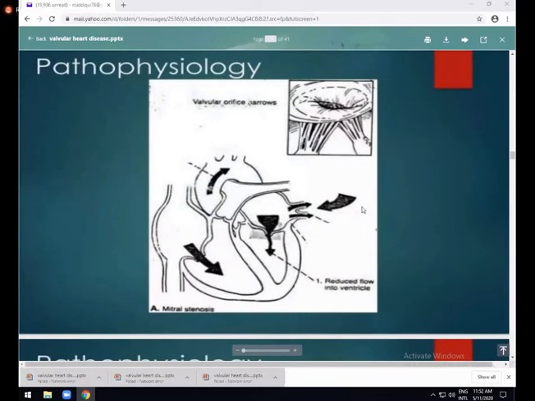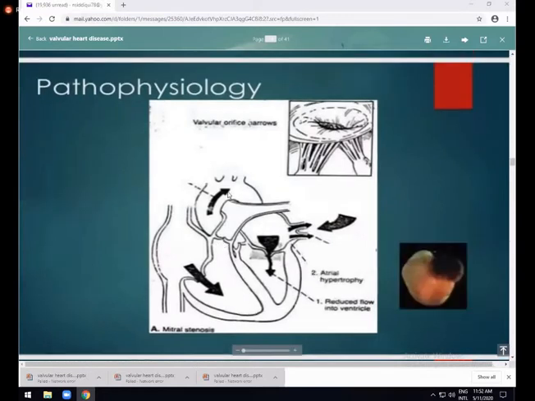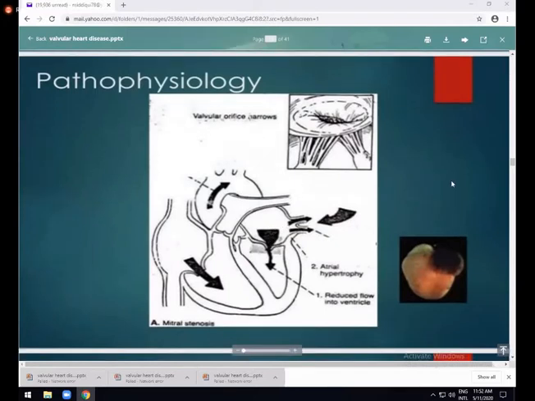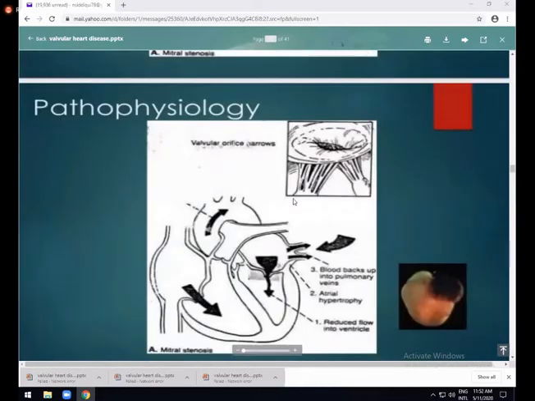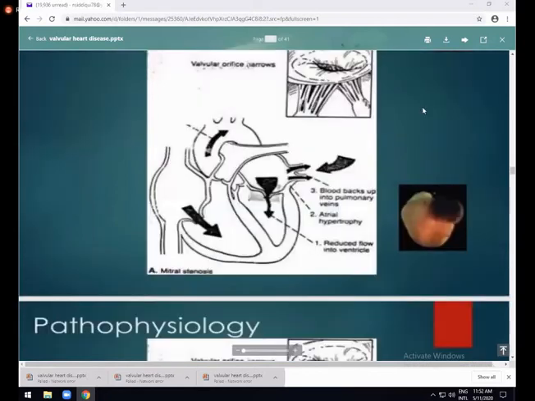Further, as the stenosis or narrowing increases, the upper chamber, the left atrium, becomes enlarged, and there is reduced flow into the left ventricle. And further, there is blood back up into the pulmonary veins. Behind the left atrium are the pulmonary veins, so the blood starts to pool up in the lungs.